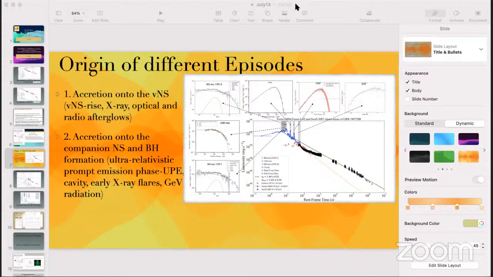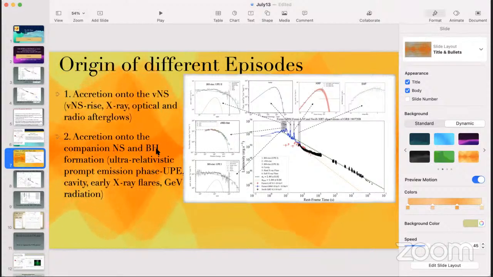First of all, let's look at the one originating in the black hole. There are two phases. The UPE phase, which involves the vacuum polarization process, quantum electrodynamics over the critical field, acts on a time scale of 10⁻⁹ seconds.